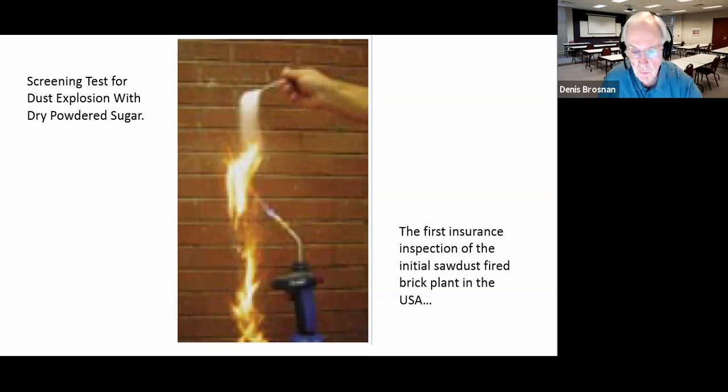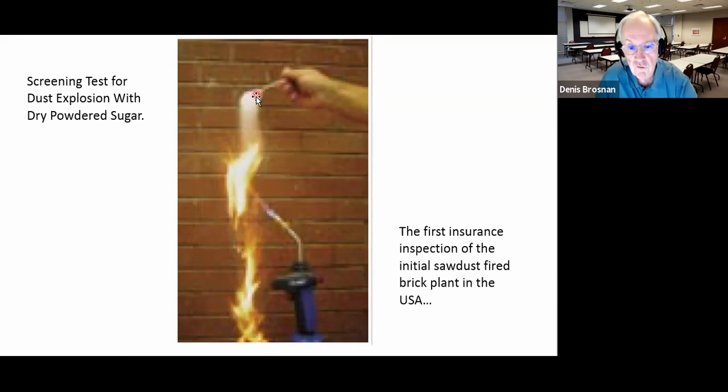He said, well, give me a handheld torch and give me some of your powder. And so he ignited the torch. There's the torch flame going through here. And he took a spoon or eating implement and just sifted the powder down into the flame. So in this particular case, this is powdered sugar. Powdered sugar will ignite with a plume of fire and continue burning as it drops down to the desktop.